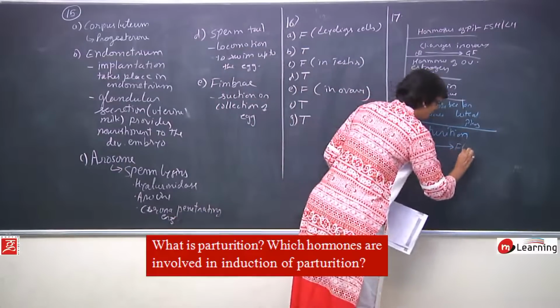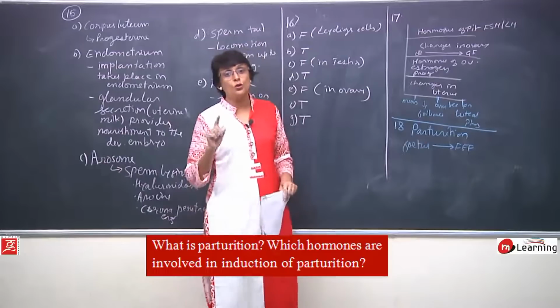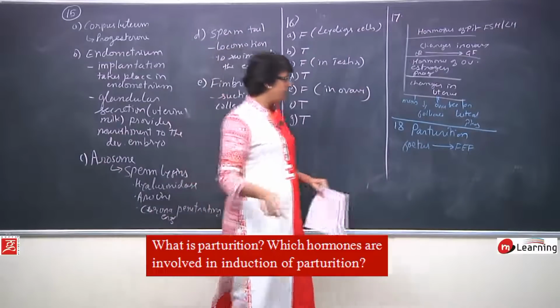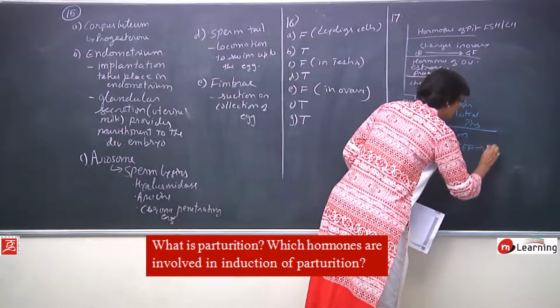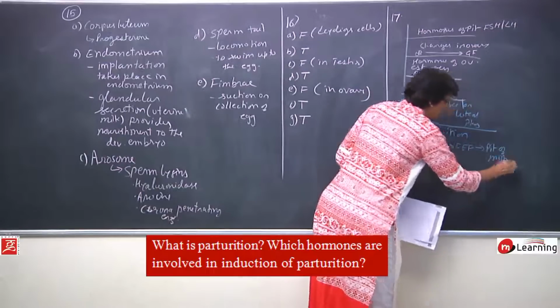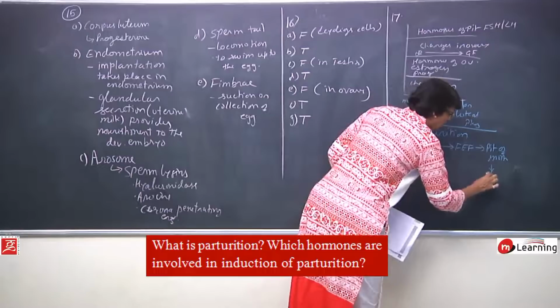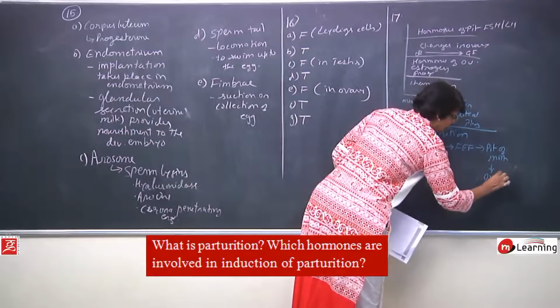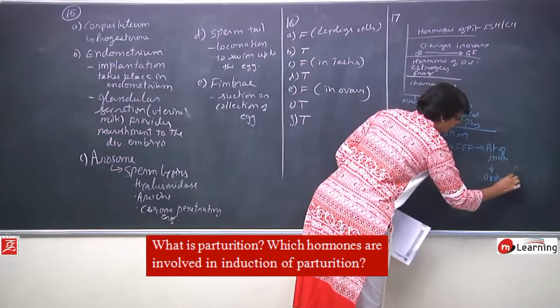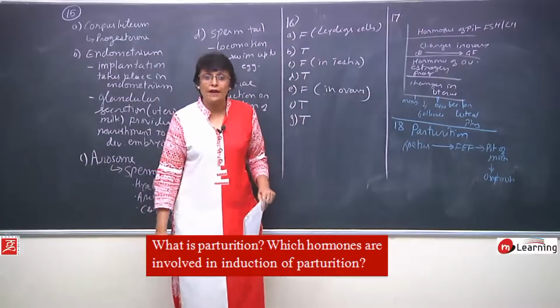Fetal ejection factor crosses placenta, goes to the mother's blood, and in mother's body it stimulates pituitary of the mother, and this secretes oxytocin. Oxytocin, which causes uterine contractions.